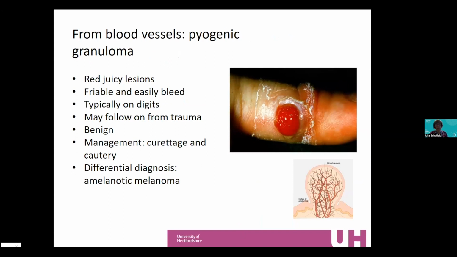I saw a great case of pyogenic granuloma this morning, and this typically occurs on the digits or extremities and is thought to be a reaction to trauma. These are benign lesions that are friable and bleed very easily, and we tend to remove them because they bleed a lot. The patient this morning was a great example.